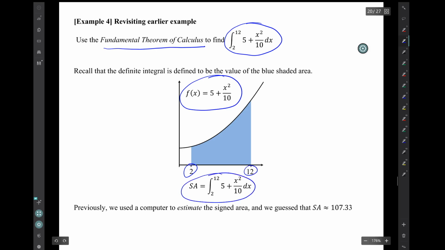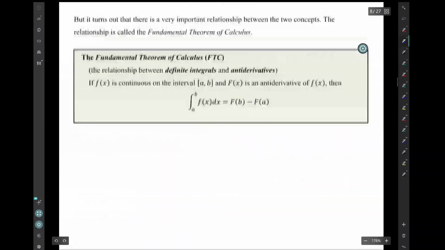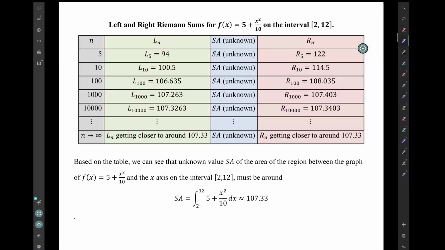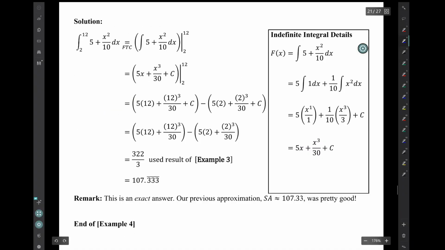That signed area. Previously, we used a computer to estimate that signed area. We estimated that signed area to be 107.33. Well, let's compute that definite integral using the fundamental theorem of calculus.